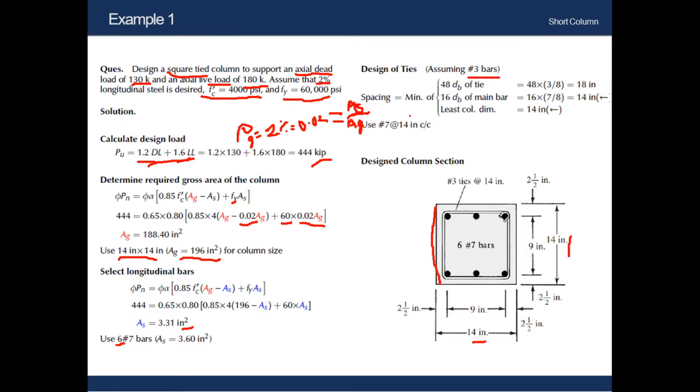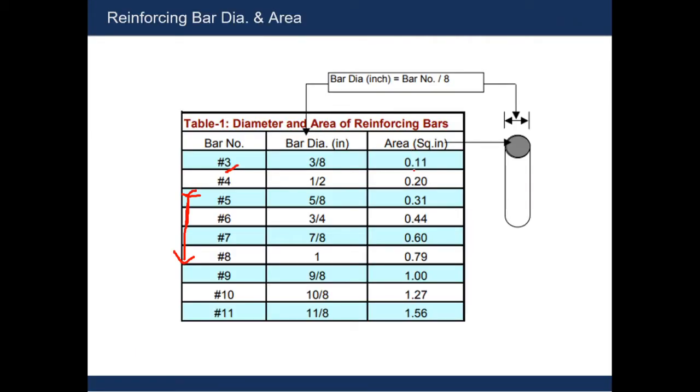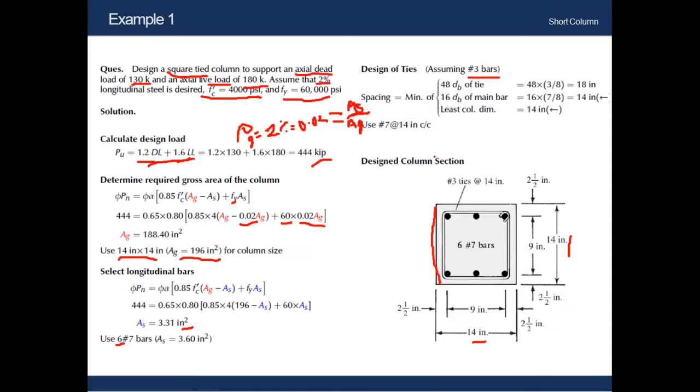The area of number 3 bar is 0.11 inches square. While designing the tie bar, we need to consider these 3 and take the minimum one. So the spacing of the tie bar should be the minimum of these 3, starting with 48 dB.